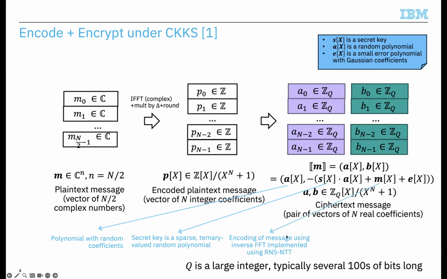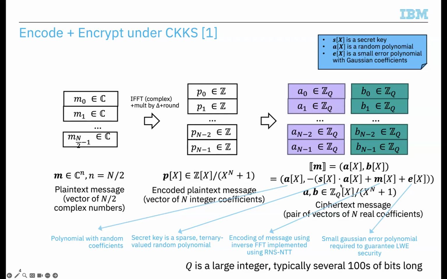M(X) is the encoding of the message. I will explain how encoding works. And finally, E(X) is a small polynomial with Gaussian coefficients, which is used to introduce small Gaussian noise into the system so that it maintains a security which is based on the foundation called learning with errors, or LWE. One can look it up.